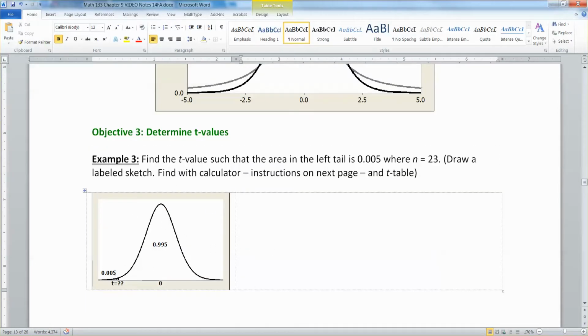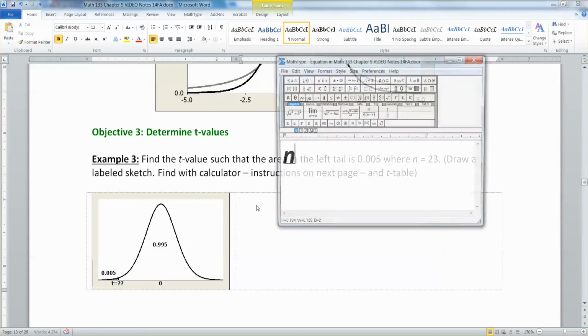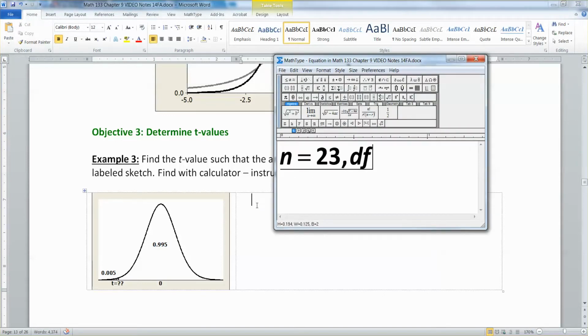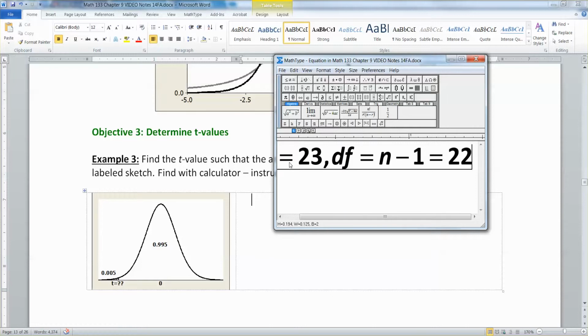Now we know that the area in the left tail is 0.005, so we shade the left tail. We put t equals question mark over here. That's what you're looking for. I'm going to show you how to find it two ways, with a calculator and with a t-table. They're both useful in their own right. Realize that if n is equal to 23, that means your degrees of freedom, which is n minus 1, is equal to 22.